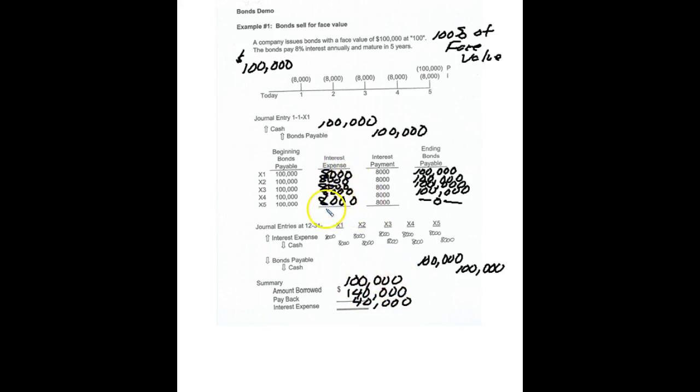And if I were to add up that interest expense here, I'd see, yeah, it's $40,000. And so those two are going to agree. So we can see the $40,000 on our schedule agrees with this shortcut version, comparing what I borrow and what I pay back, the difference is interest.